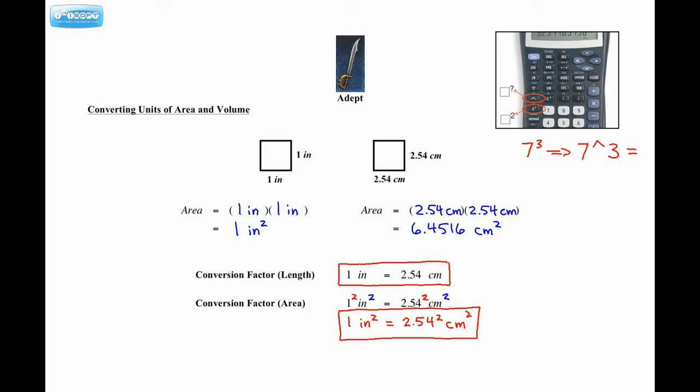You should also note that this button can also be used for 2. It's just squaring numbers is the most common, so most calculators have a shortcut feature for that. Now, if you have a different model of calculator and you don't have that little hat button, you might have a button that says y to the power of x or x to the power of y. So just have a look around and see if you can find it.